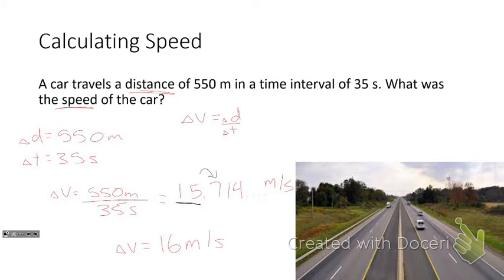Should I have a direction on this? No. Why not? It's scalar. Scalar has no direction. Okay? So the speed of the car was 16 meters per second.